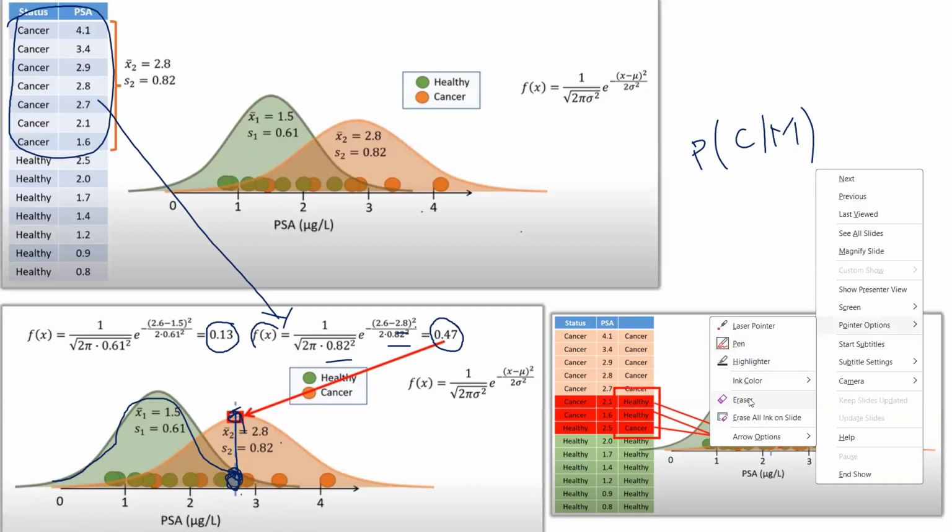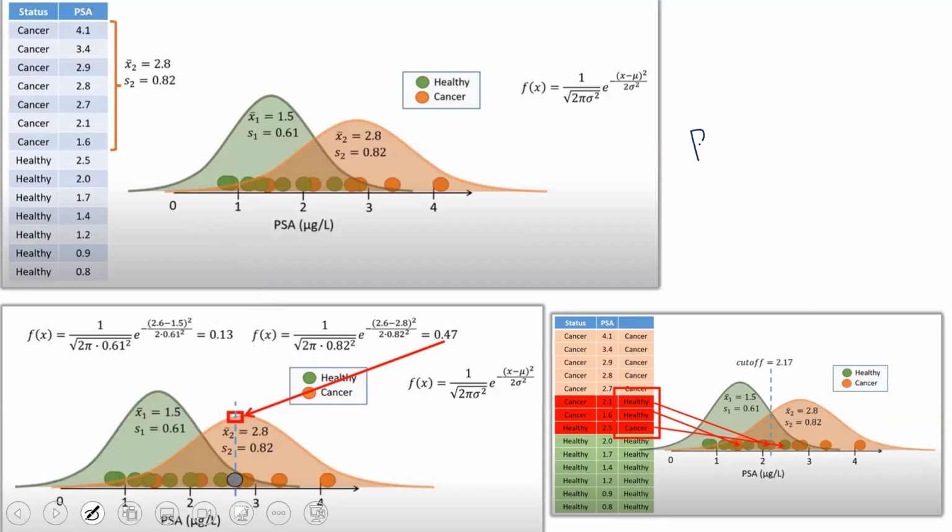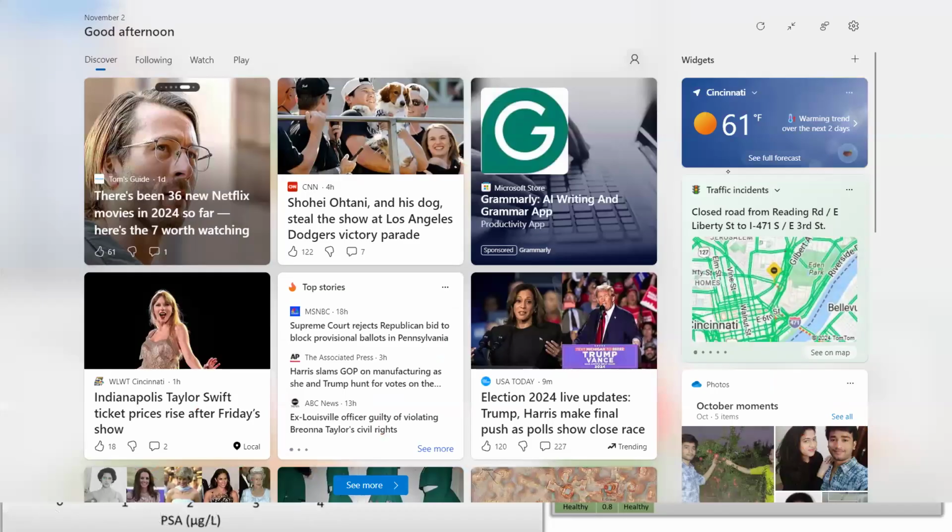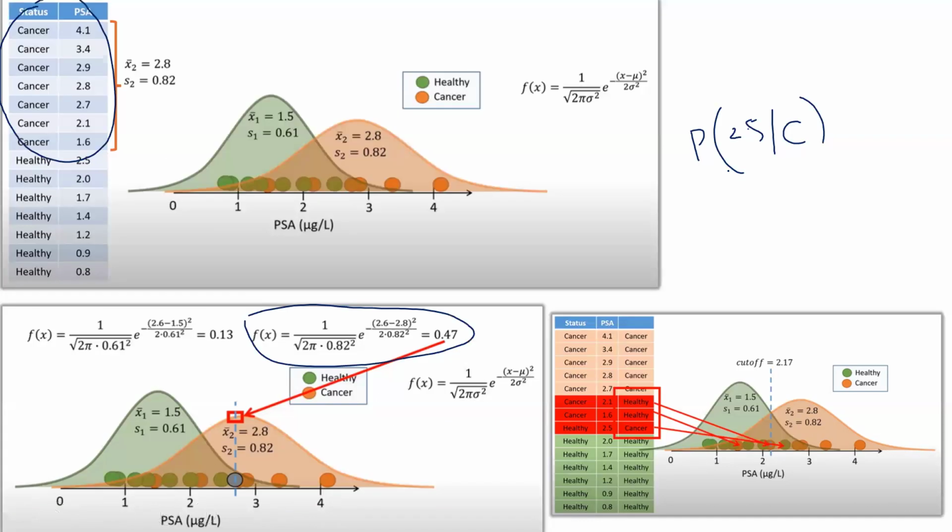What you're trying to calculate, your space is constrained to cancer, and in that cancer you're trying to find out the probability of this particular point, which is 2.6. In this data set only, you're trying to calculate the probability. You're not considering the other data set in this particular graph, right? So that becomes the prior probability. So you're given cancer, and in that you're trying to find out the probability of this particular point.